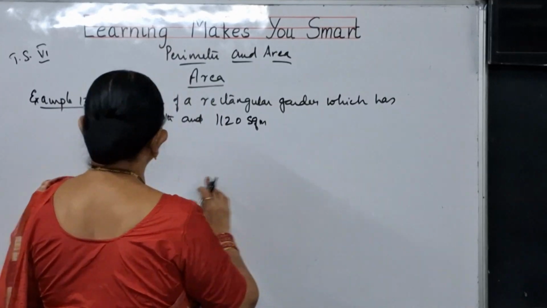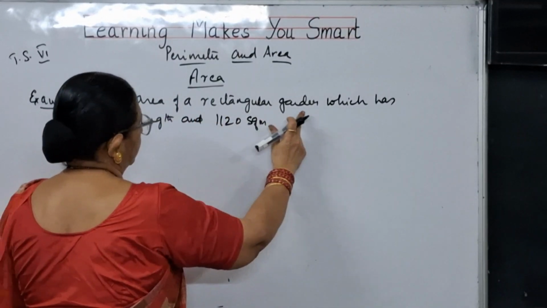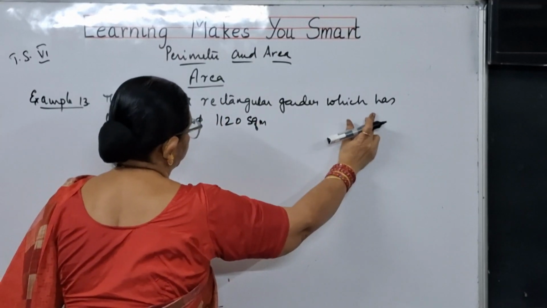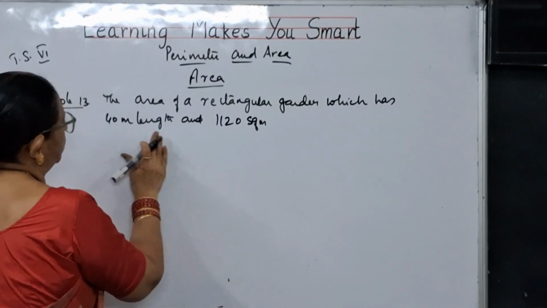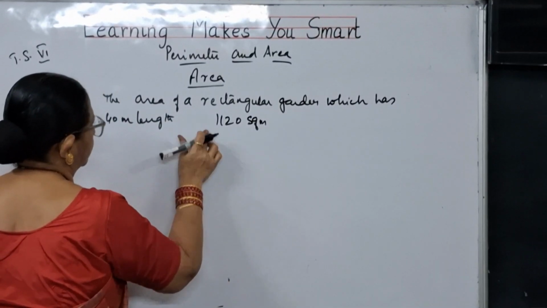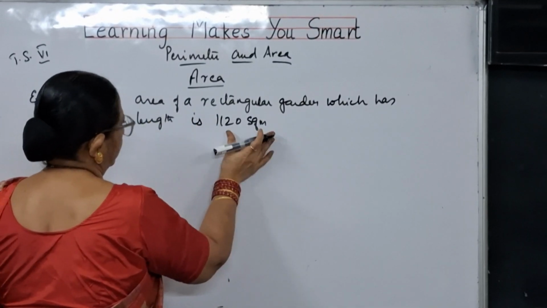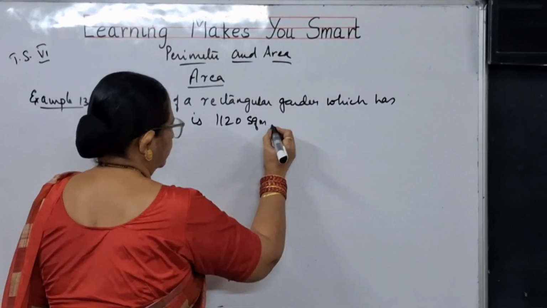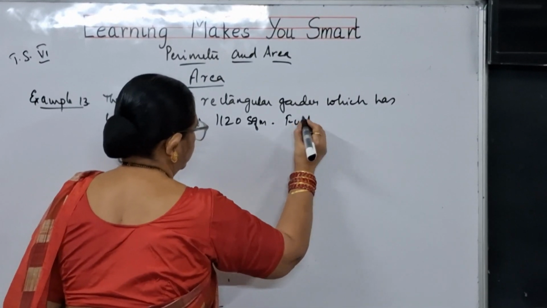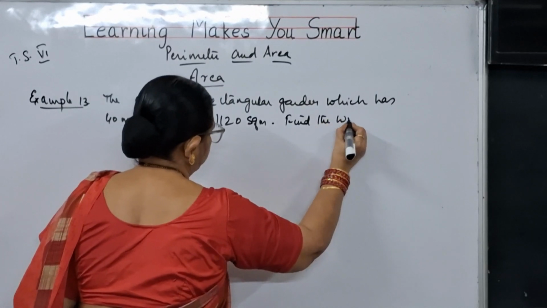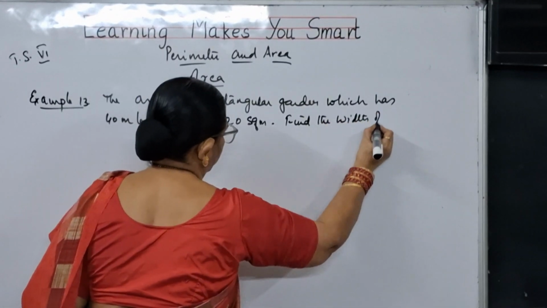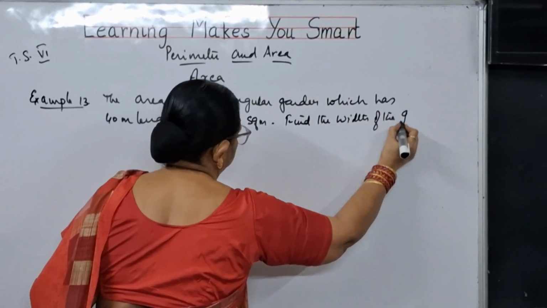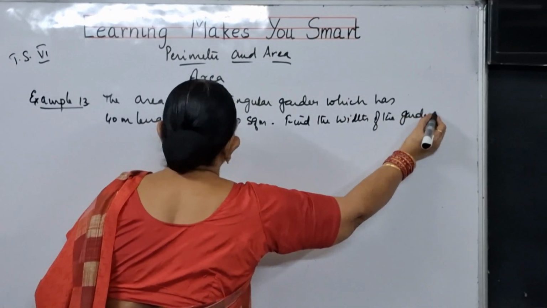The question is: find the width of the garden. This is the question, children.